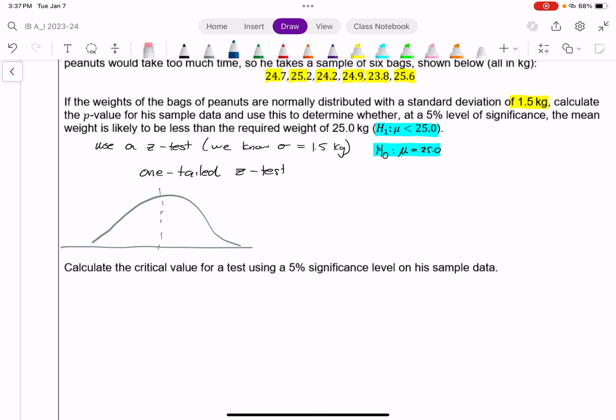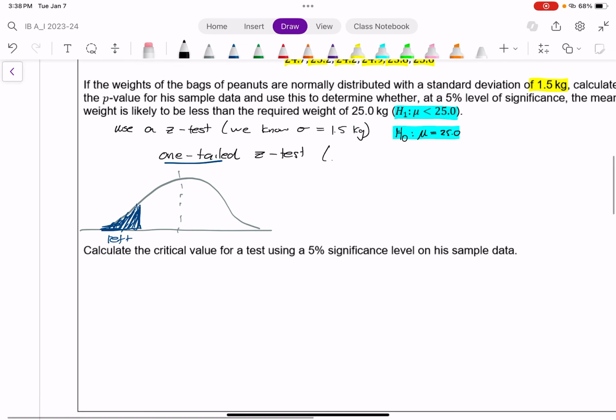We're trying to look at the probability that it'll end up far away from the mean to the left. We're trying to find values that are less than the mean. So we'll call this a one-tailed test to the left, where again we're trying to determine the probability that the mean is less than 25 for the population given this sample.